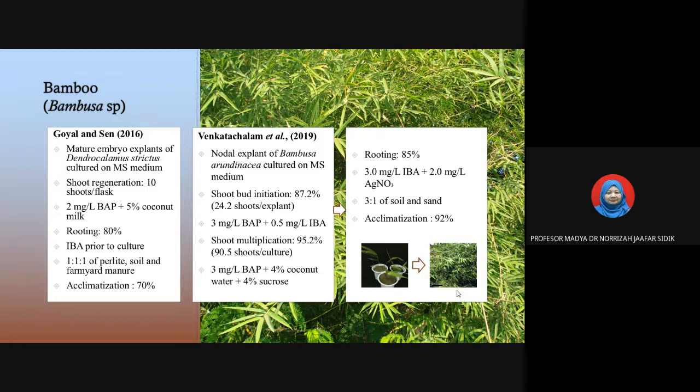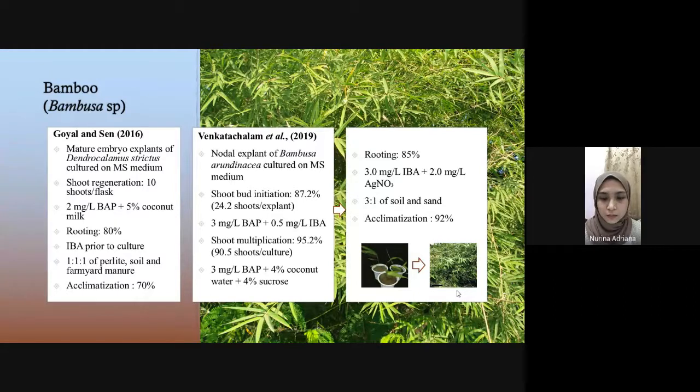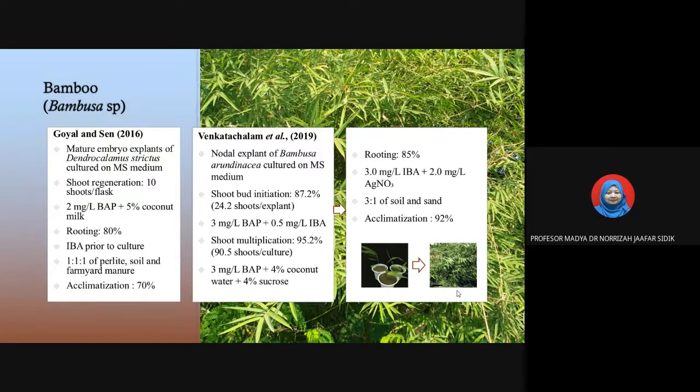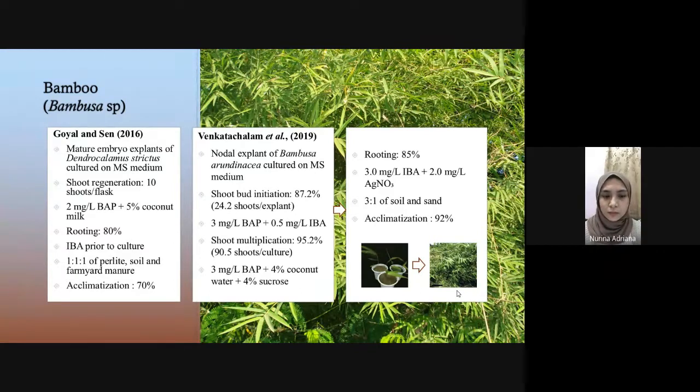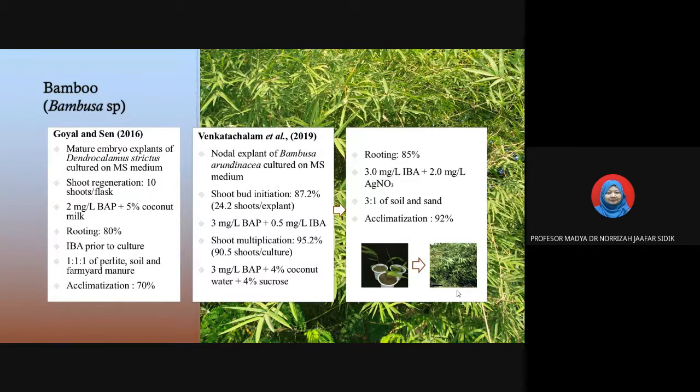Okay, some of the review is on the shoot bud initiation, right? Yes. Rooting. How about the in vitro regeneration? Shoot regeneration? Is there any shoot regeneration? So 95.